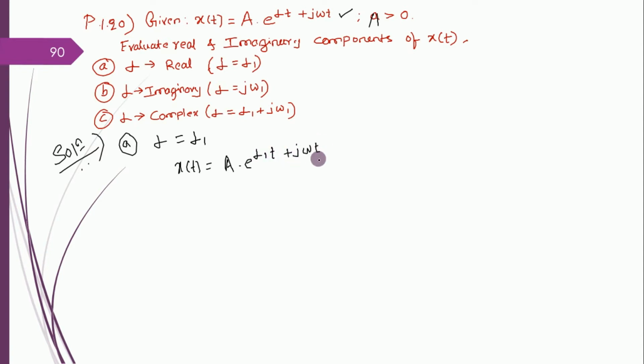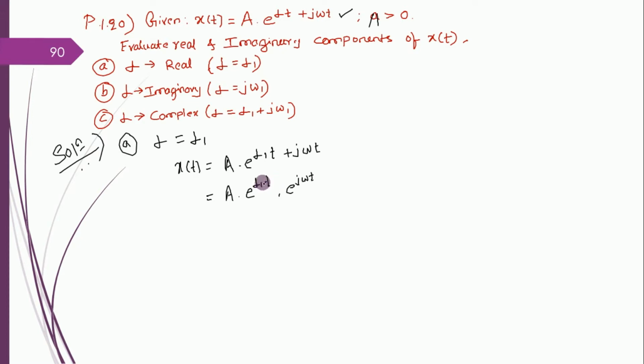This can also be written as A into e raised to alpha 1 t, dot, into e raised to j omega t. This is the indices rule that you have learned in school: when the base is the same, the indices can be added. This is the reverse process of what I just told.